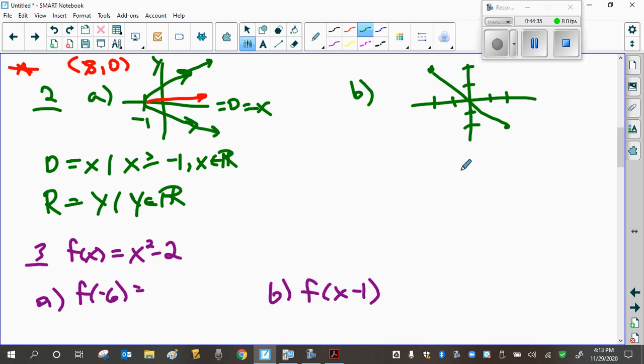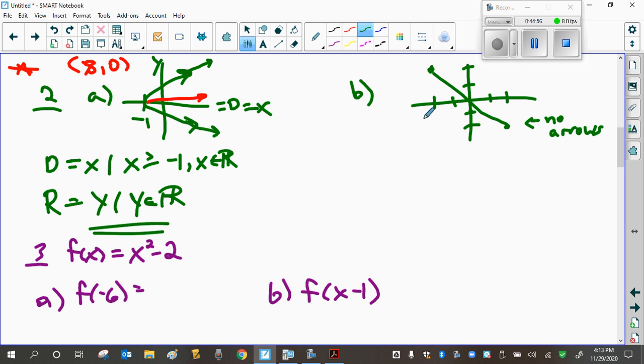This one, be careful, and you might have written it wrong. There's no arrows on this one. If there were arrows, this graph would go forever right and forever left, and when you're talking about the range and the domain, that would be all real numbers.